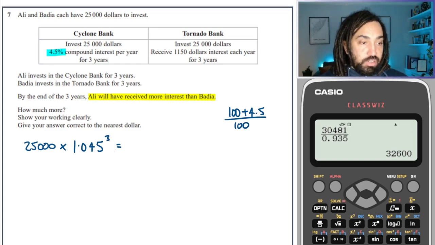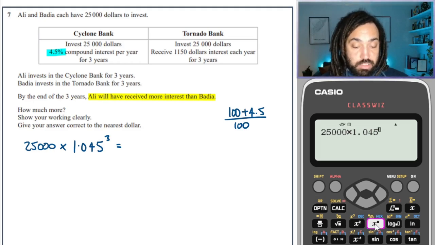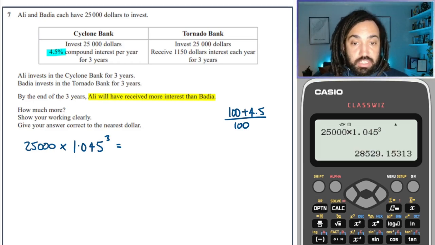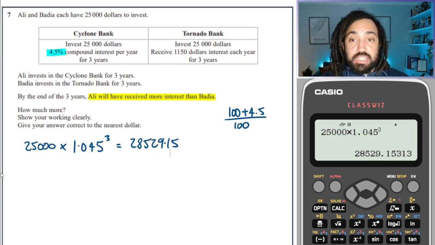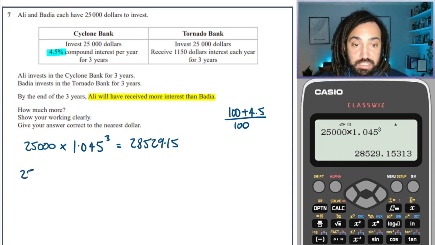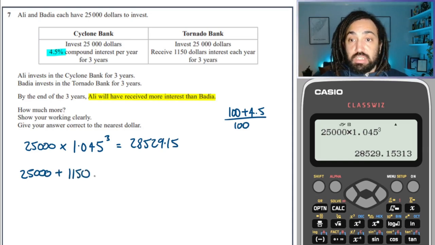Okay, so we can find that. Yep, to the power of 3. Okay, so we go 28529.15. Perfect.